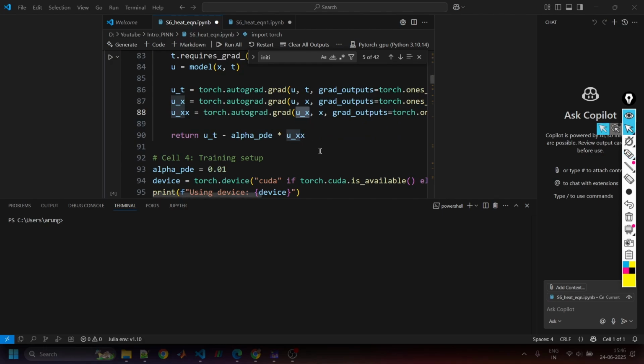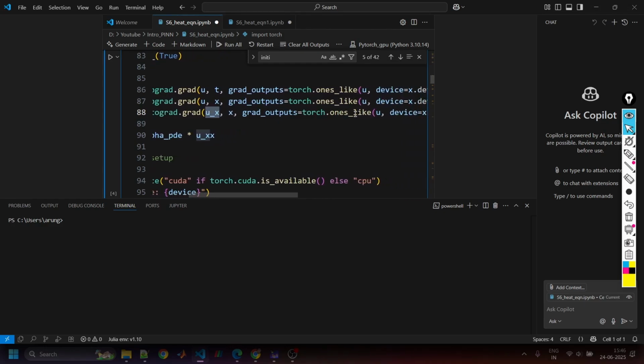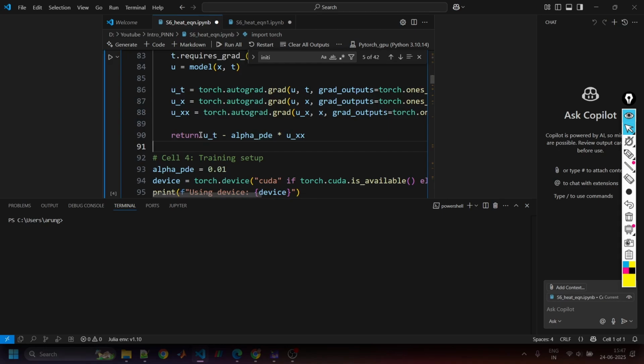Other things we should pass are the size of that; the gradient size should be the same as u. Then we should specify the device. If we have a GPU, that is very good because GPU makes our calculation much faster than CPU.